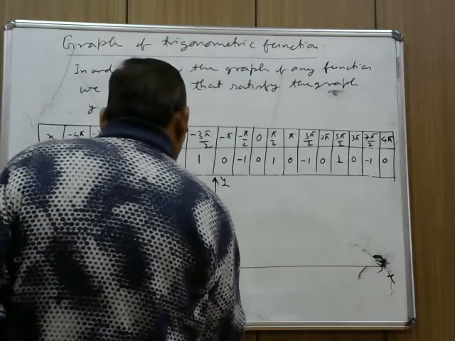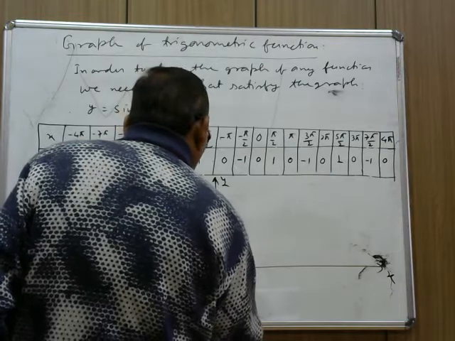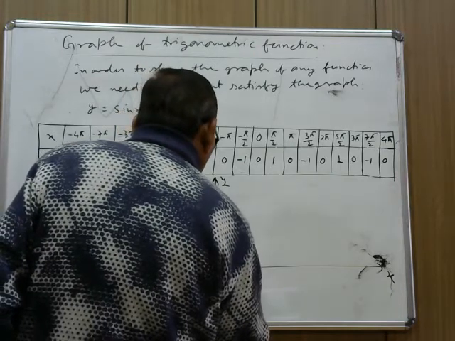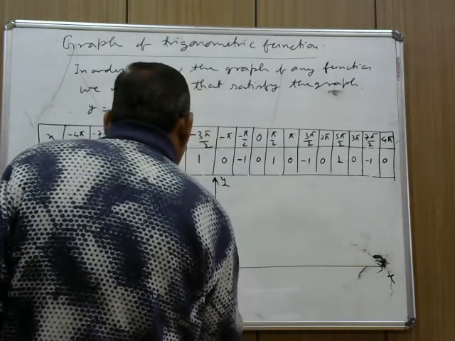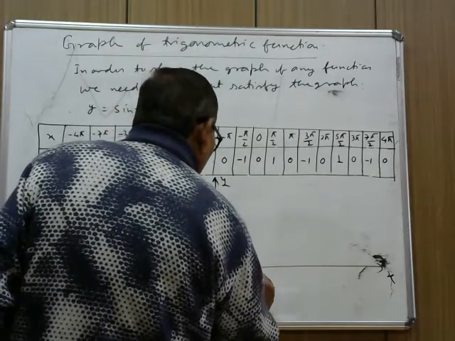Now you see, this point is minus pi by 2 and this point is pi by 2. Then this is minus pi and this is pi.